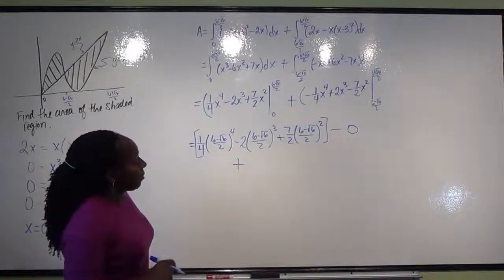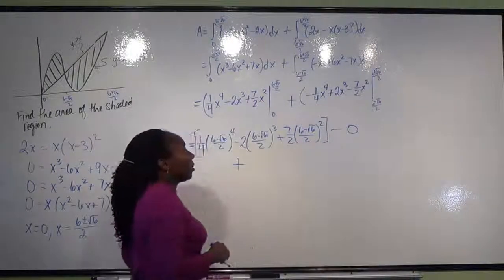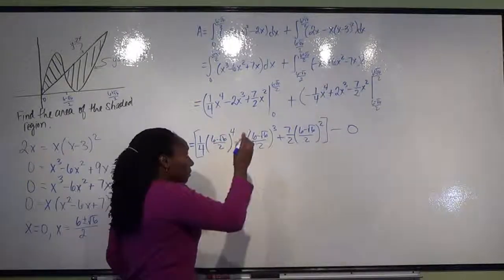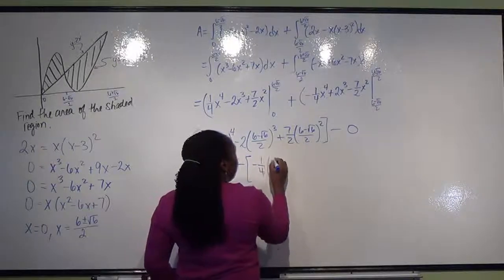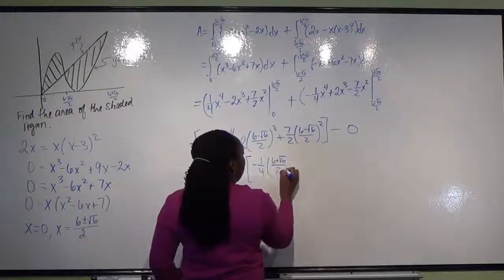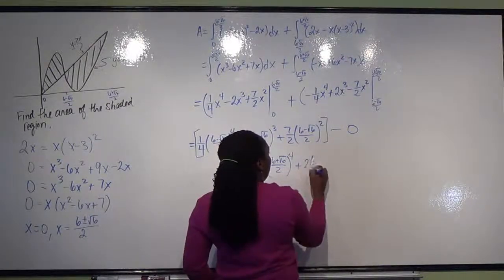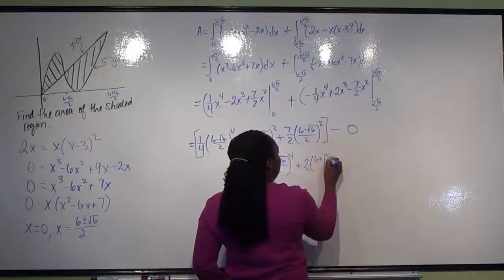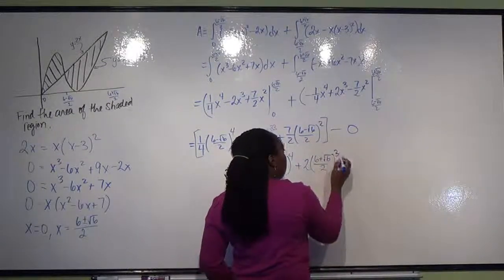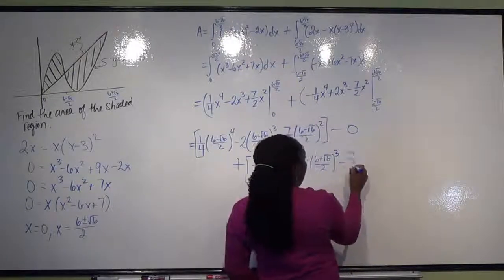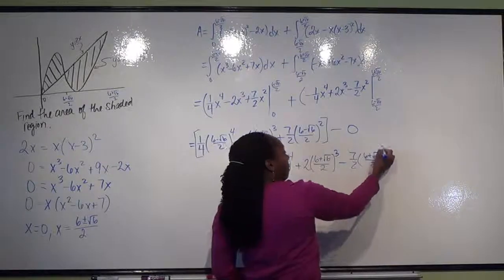For that second integral, when I go to evaluate, same thing, it's going to be an upper minus a lower. So at my upper, we'll have negative 1/4 times (6 plus root 6) over 2, quantity to the 4th, plus 2 times that quantity to the 3rd, minus 7/2 of that quantity squared.